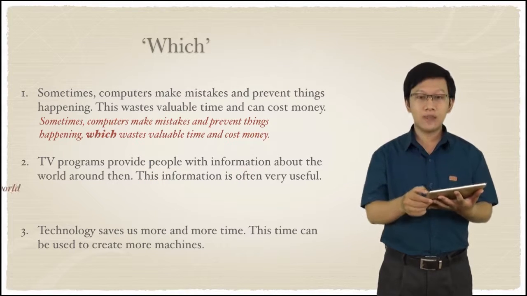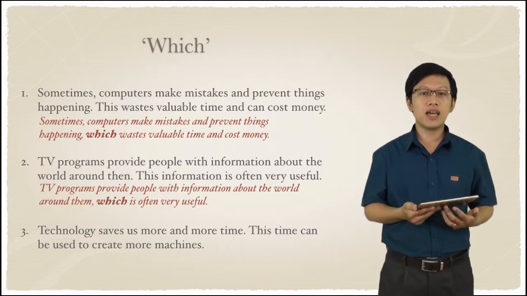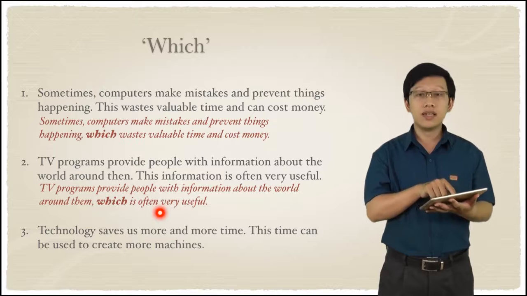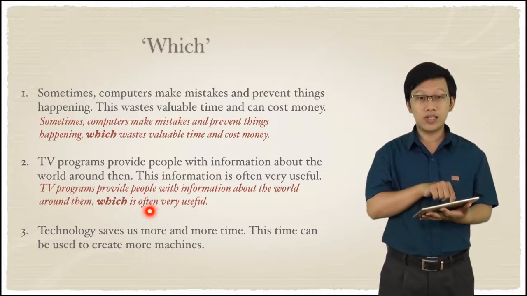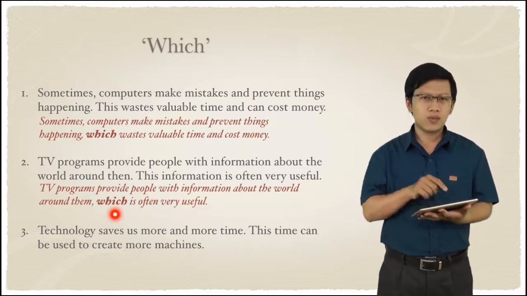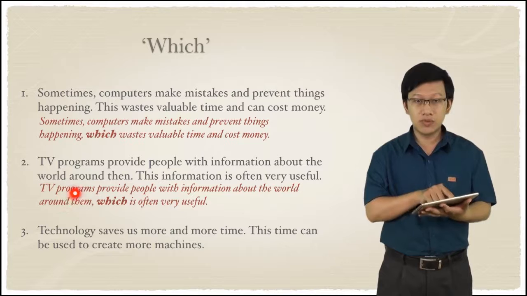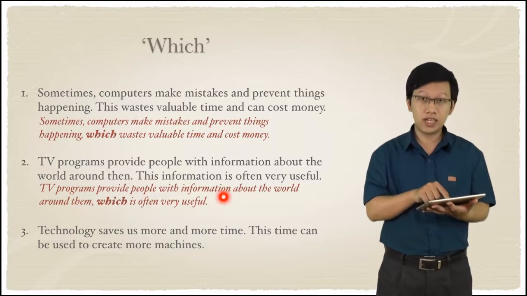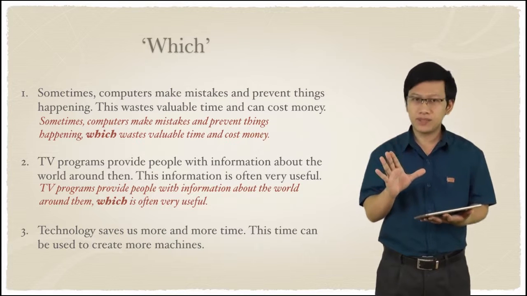It will be: TV programs provide people with information about the world around them, which is often very useful. Well, in this case, we can understand that which here refers to the whole fact about TV programs, or which can also mean the information. Alright, so sometimes it's not very clear.